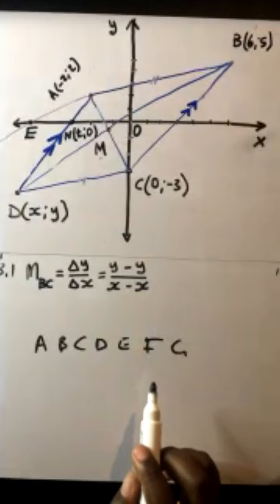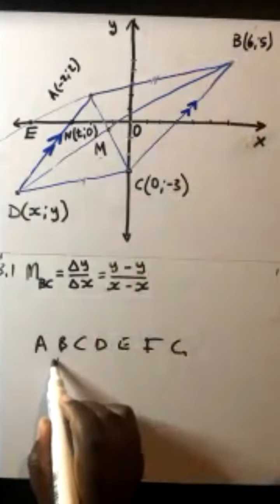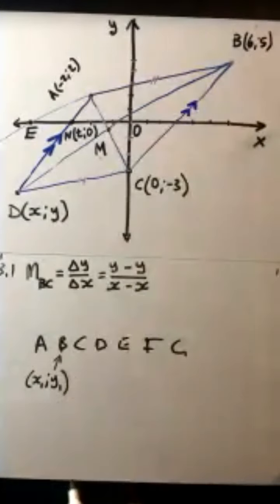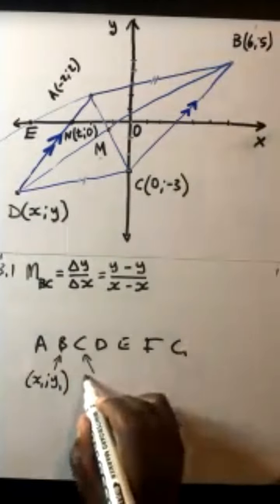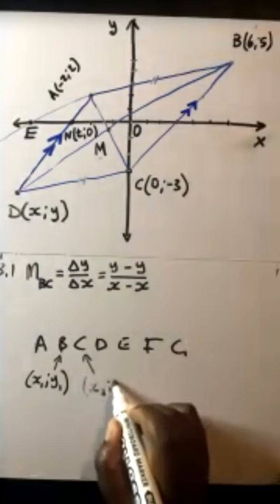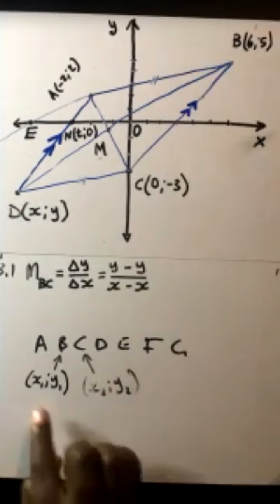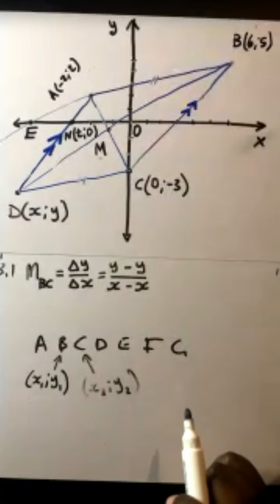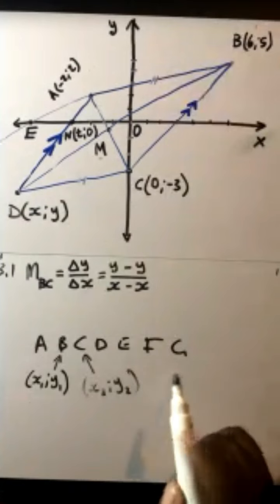So ladies and gentlemen, now that I'm dealing with B and C, that means B gives me my x1 and my y1. C comes after B, that means I've got my x2 and my y2. So ladies and gentlemen, at all times, if you can be consistent and do it this way, even when you do other questions, you know which one you regard as y2 and which one you regard as y1.